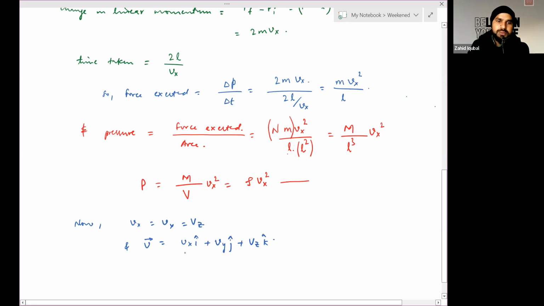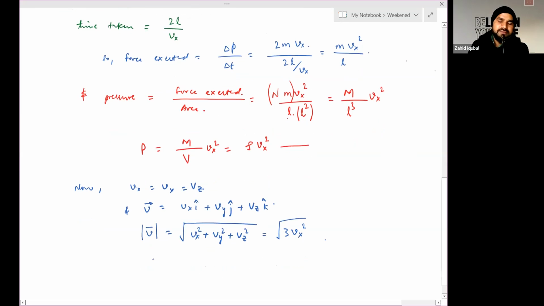The magnitude of velocity will be root under Vx squared, Vy squared, Vz squared. Since all are equal, it is 3 times Vx squared. On squaring both sides, this magnitude will be averaged over the whole term, so V bar squared equals 3 times Vx squared. So Vx squared will be 1/3 of V bar squared. Now put this value in the above expression.